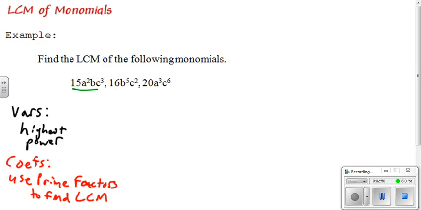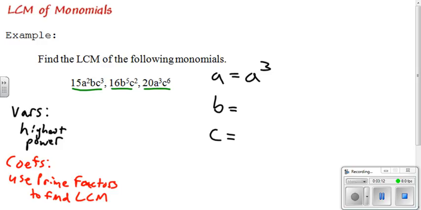Okay, so let's see how that works in this case. If we have this piece, and this piece, let's look at our variables. We have A, B, and C. In one case we have a to the 2, a to the 0 in our second one, and a to the 3. So we're going to use a to the 3.